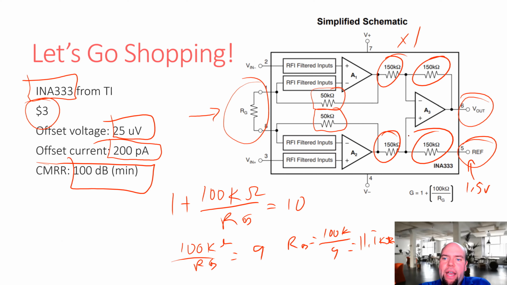If they are not perfectly balanced, then you're going to start to get a common mode rejection ratio that's a little bit off. Also, if these resistors are not perfectly balanced, that will also have a slight impact on the behavior of this circuit. But what they're saying is that it's pretty well balanced.